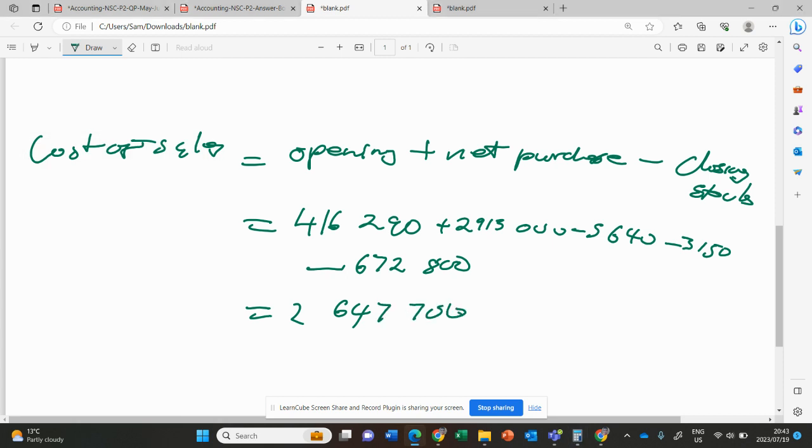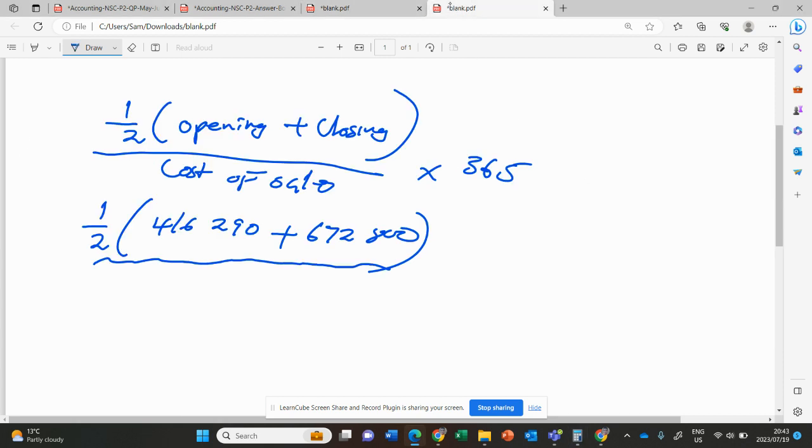So that is the cost of sales. Then the cost of sales will come here, 2,647,700, then times 365 days. Then you get the number of days. Then you're done.